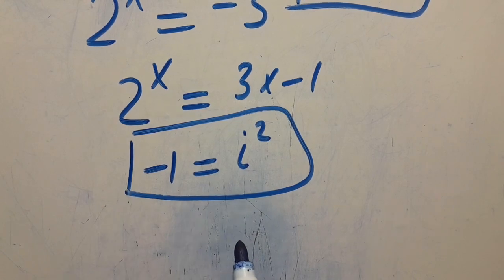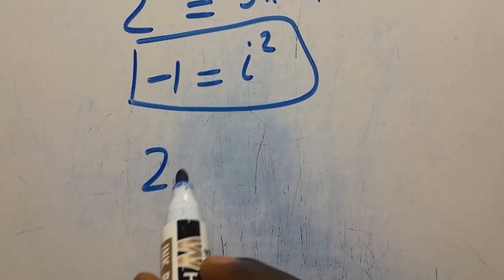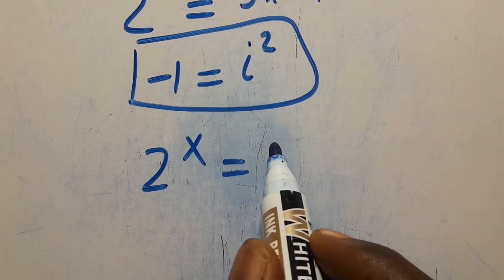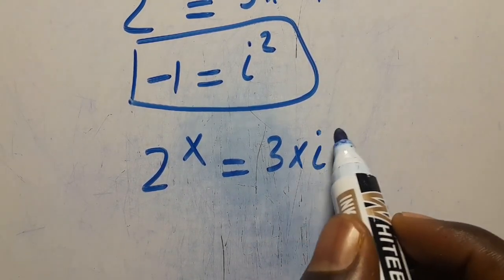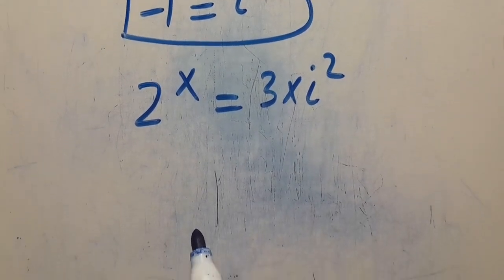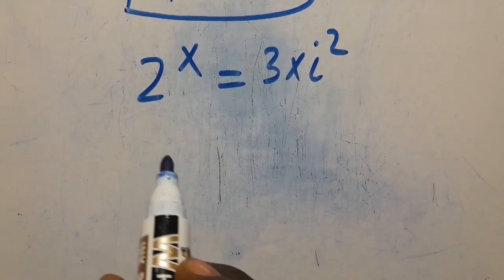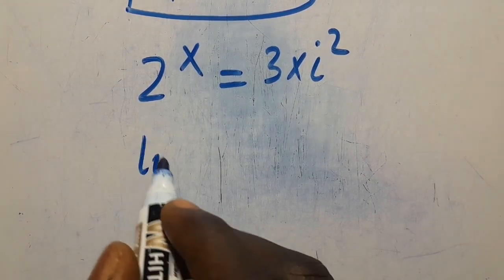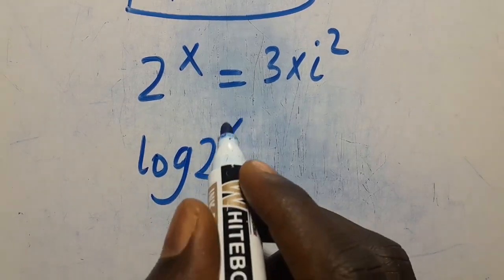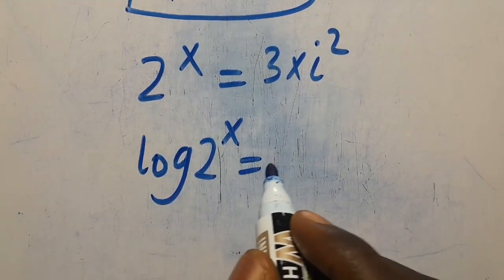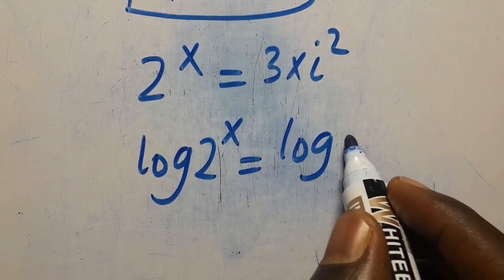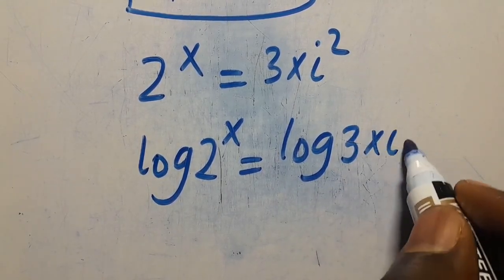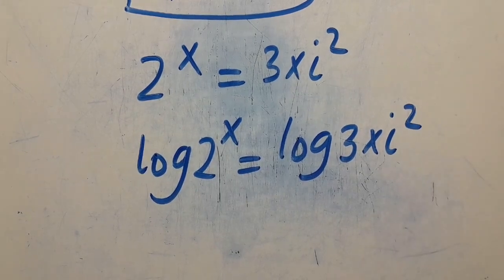Now we want to generate the complex solution. So here will be 2 to the power of x equals 3 times i to the power of 2. Then to get the possible value of x, let us introduce log. So we're going to have log 2 to the power of x equals log 3 multiplied by i to the power of 2.